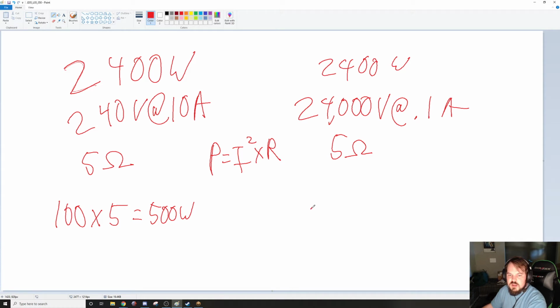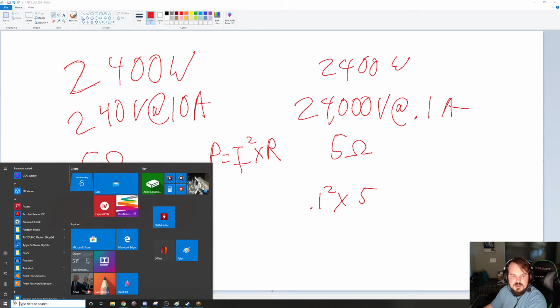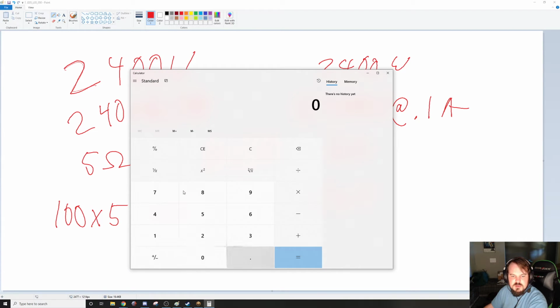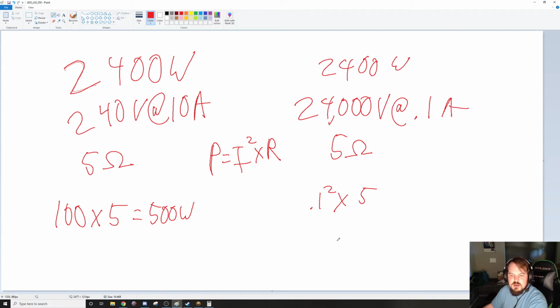So 0.1 squared times 5. I am going to use a calculator. 0.1 squared is 0.01 times 5. That's going to be 0.05 watts.